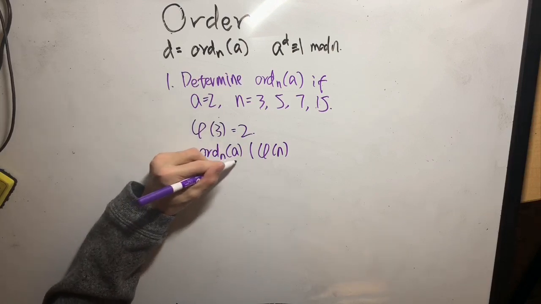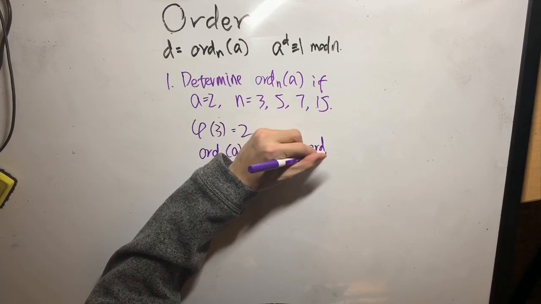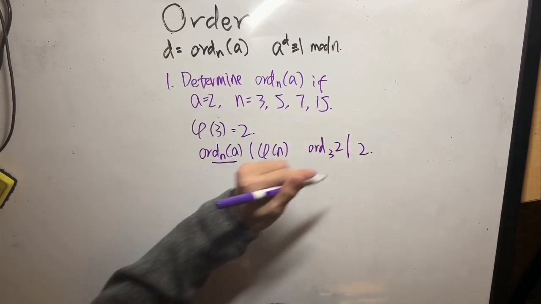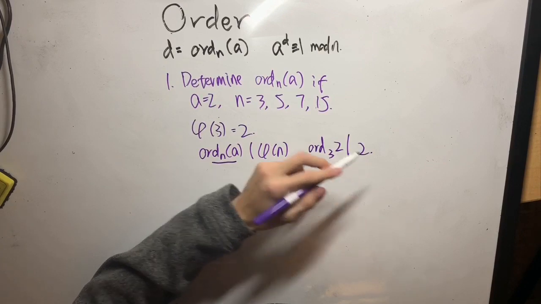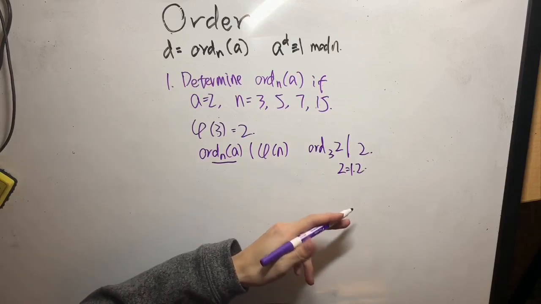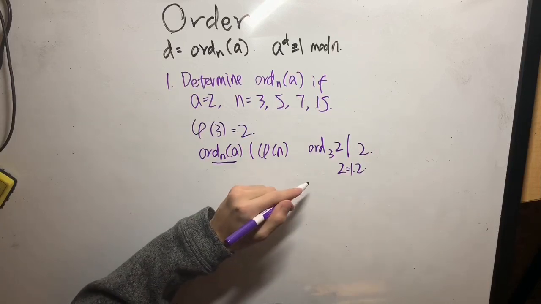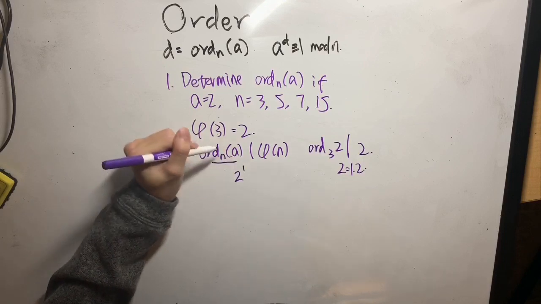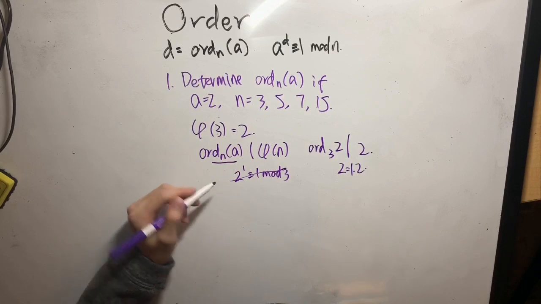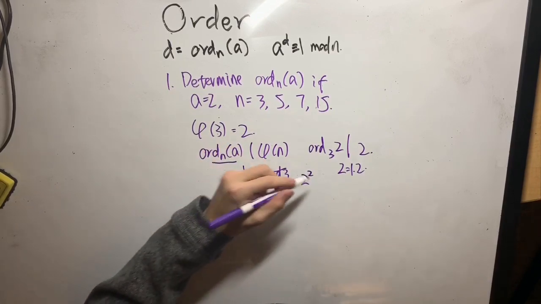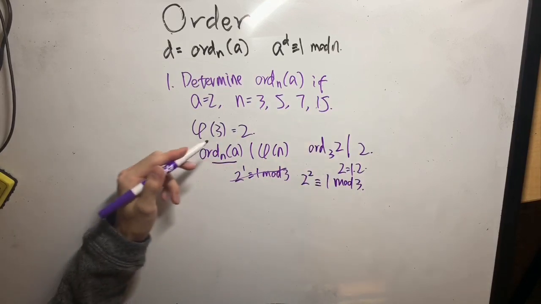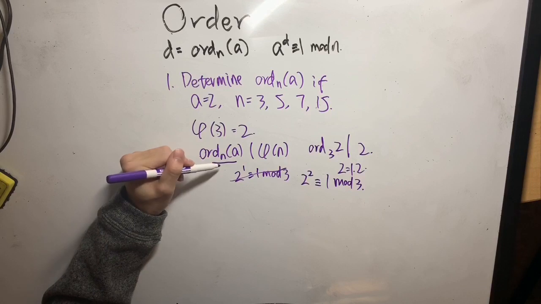So this means that the order of 2 modulo 3 divides 2, and 2 is a prime number which equals 1 times 2, so we only need to check 1 and 2 in this case. So 2 to the 1 is not congruent to 1 mod 3. And 2 to the 2 is congruent to 1 mod 3. So the order of 2 modulo 3 equals 2.